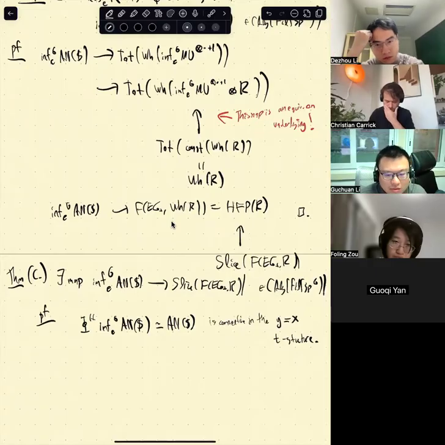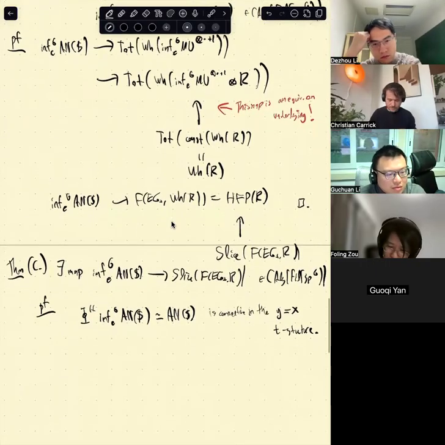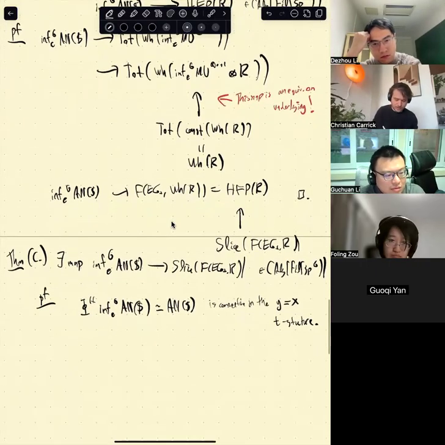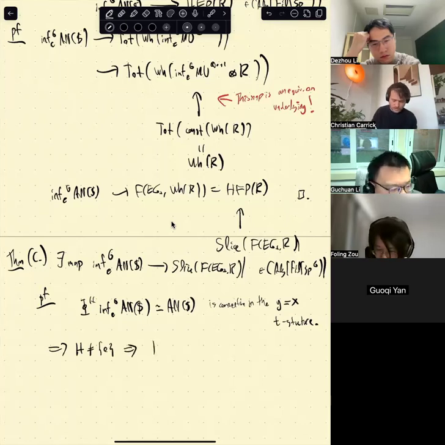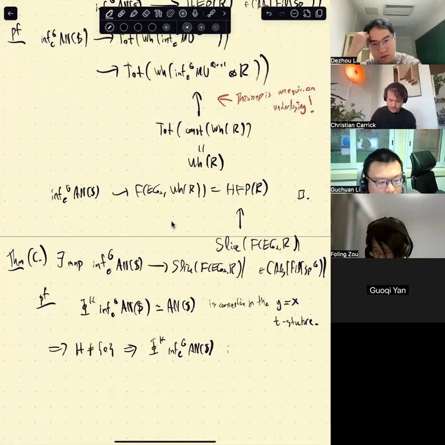Okay, and so the point is now that if H is a non-trivial subgroup, this implies that this is connective in the y equals (order of H minus 1) times x t-structure.